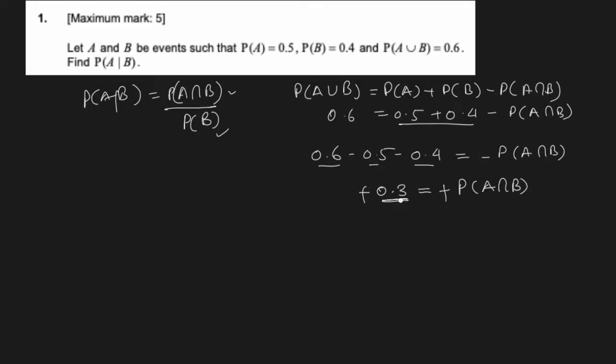So the probability of the intersection of A and B is 0.3, and that's what we will use here. 0.3 divided by probability of B, 0.4, which is 3 over 4, or you can write in decimal also 0.75. This is the answer of question number 1.